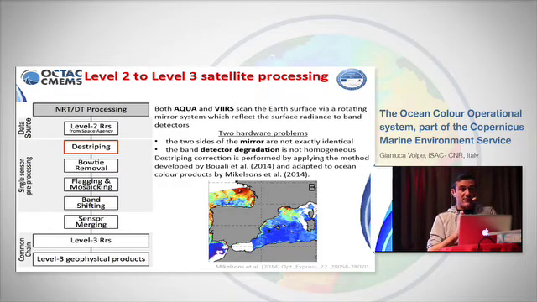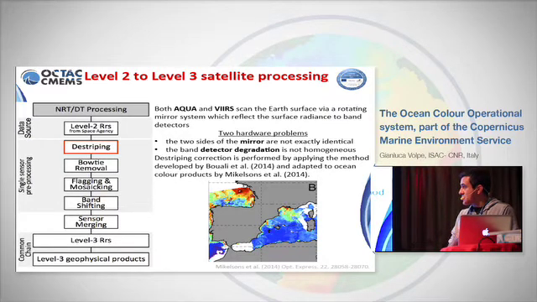So we have a feature which has really nothing to do with the oceanography of the scene you are looking at, but is simply another problem. Operationally, we delete these stripes.